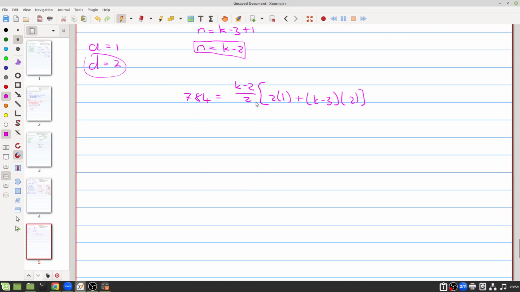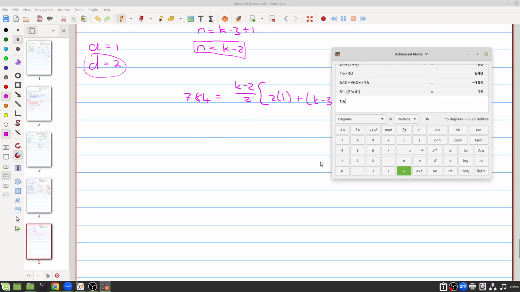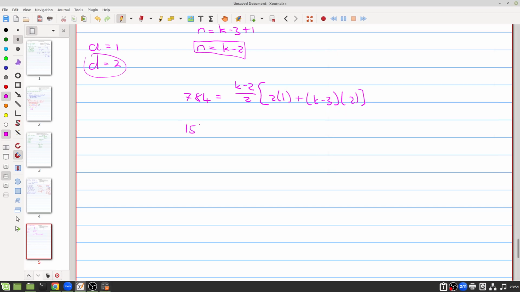So I would say let's get rid of the fraction first. So multiply both sides by 2. What is 784 times 2? 1568. Okay, 1568 equals k minus 2 times, and now in here we can simplify first. If we multiply that in, we get 2k minus 6, and then plus 2.